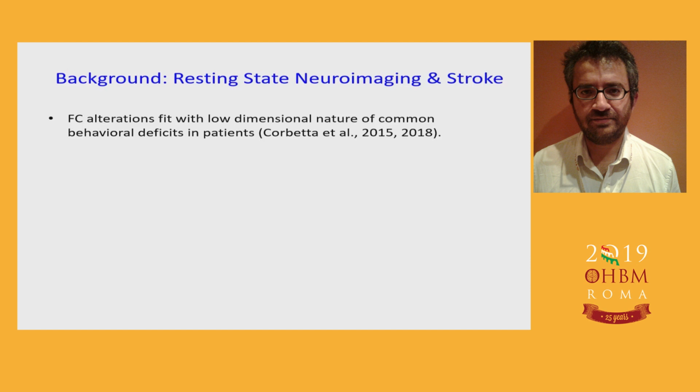These low-dimensional alterations in the FC fit well with the fact that a few common factors can explain a large amount of variance across patients in different behavioral domains, as shown by Corbetta in 2015. They also correlate with model-based measures of integration and segregation, which was shown by our work.